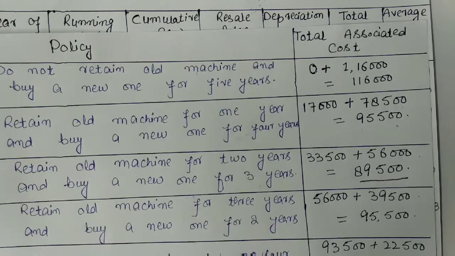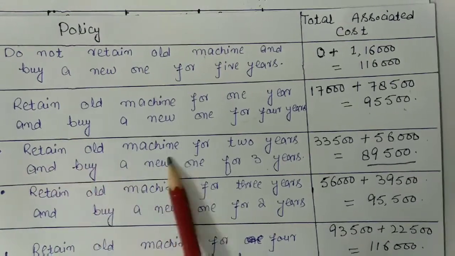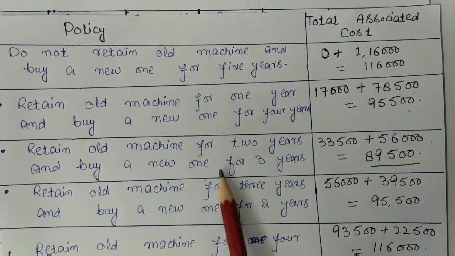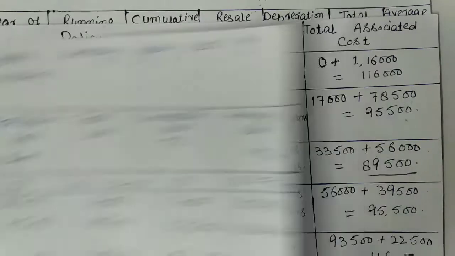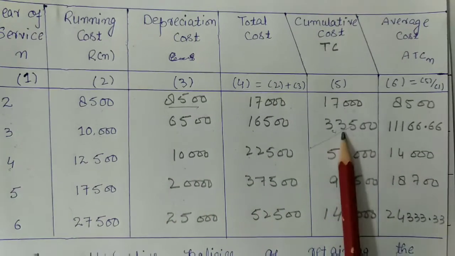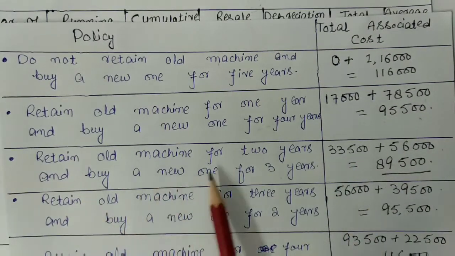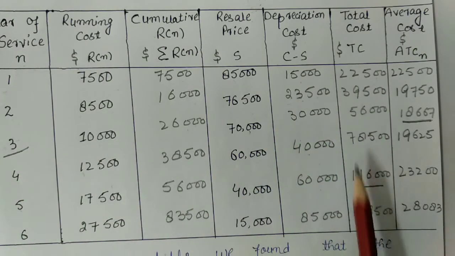After that, the next alternative policy: retain the old machine for 2 years, and for the remaining 3 years I will buy a new one. Now the cost of retaining the old machine for 2 years is 33,500. So I will write 33,500 plus, to buy a new one for 3 years, it is 56,000.